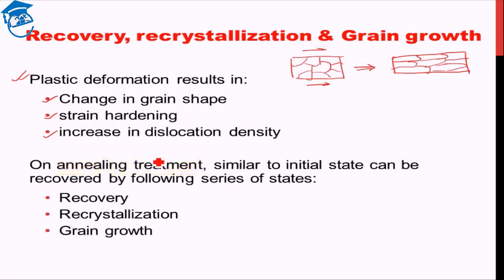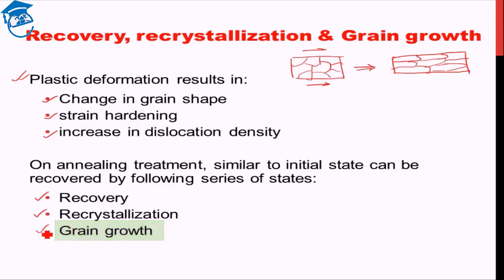What are the things that can happen? First, recovery will take place in the material. Second, recrystallization will happen, and finally once recrystallization is done, grain growth will take place.